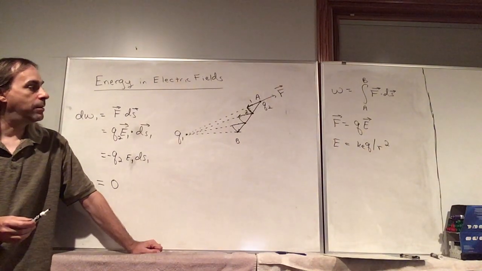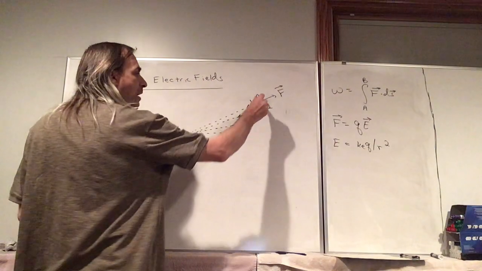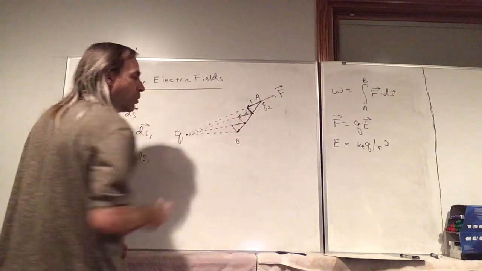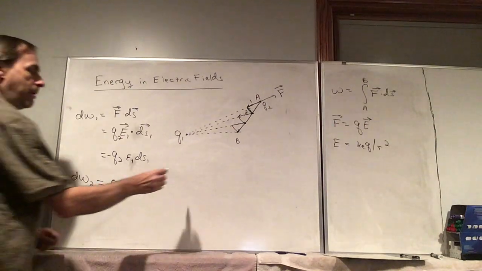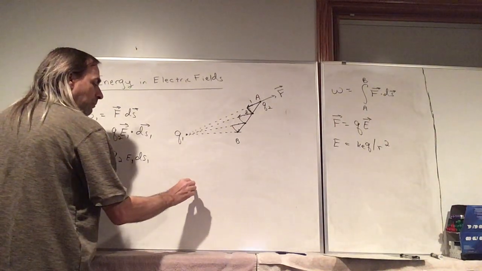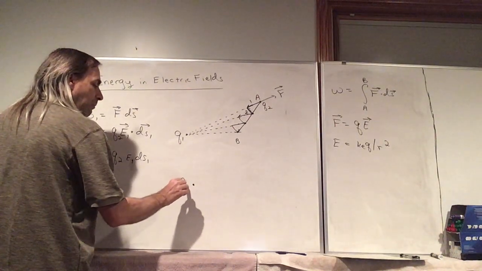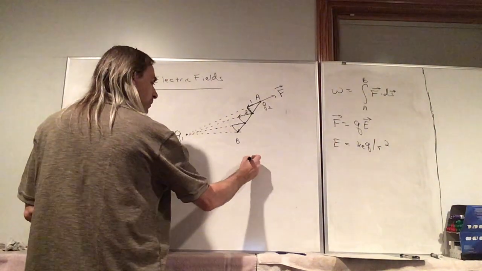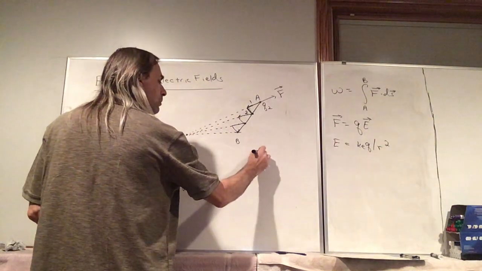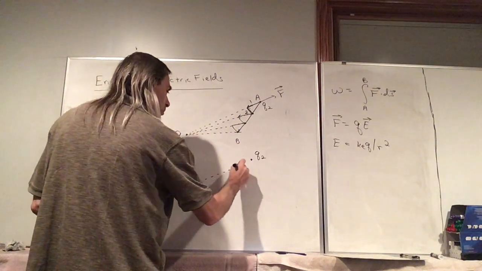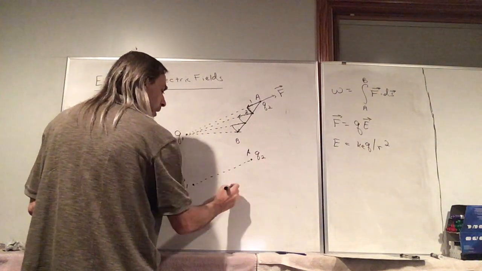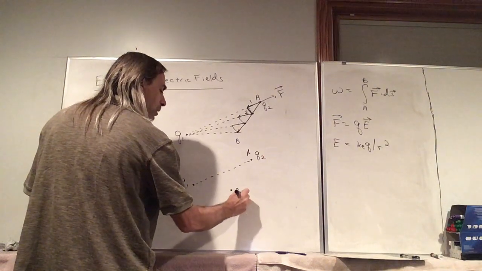So again, say you have this going from A to B, like in a straight line. Let me redraw that picture. So we have Q1 and Q2. Again, that's point A. We end up over here.